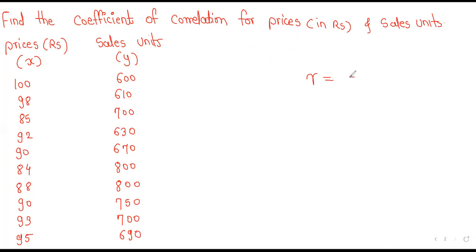Minus 0.7835. Yes, very good. Minus 0.7835. This is the coefficient of correlation.